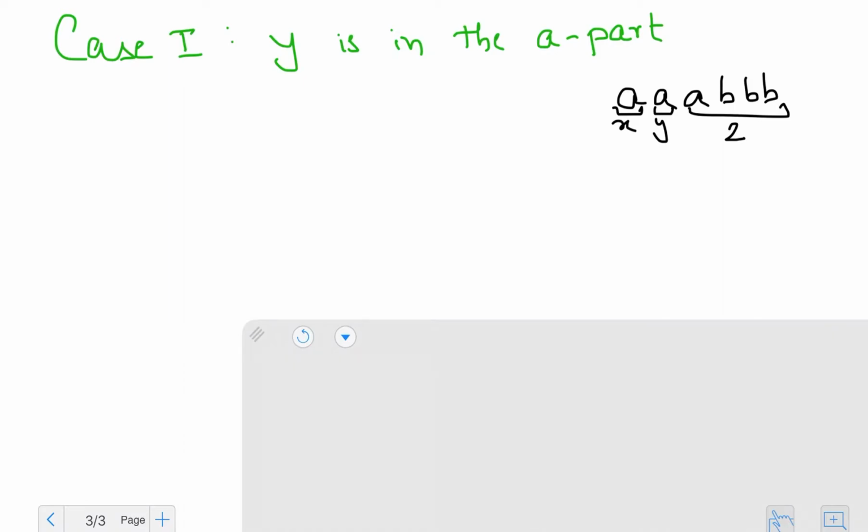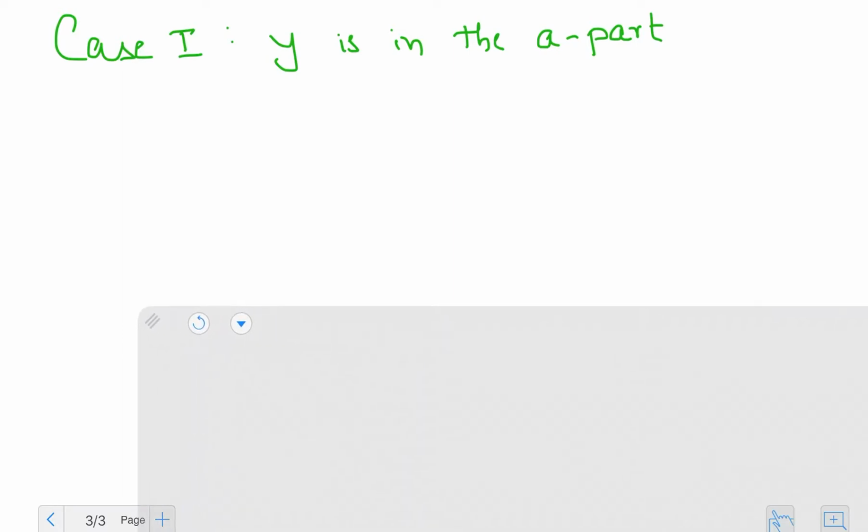So I'll have to take a generic case right here. So what I say is that my string was a^k b^k.